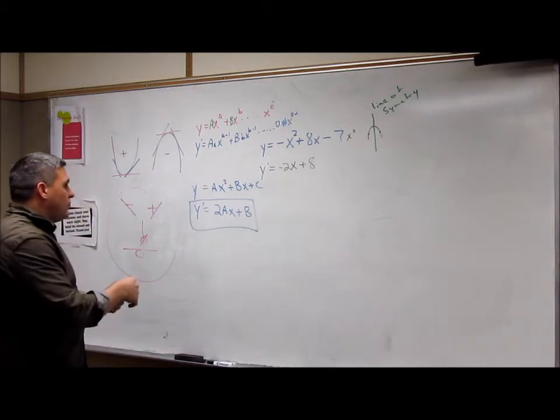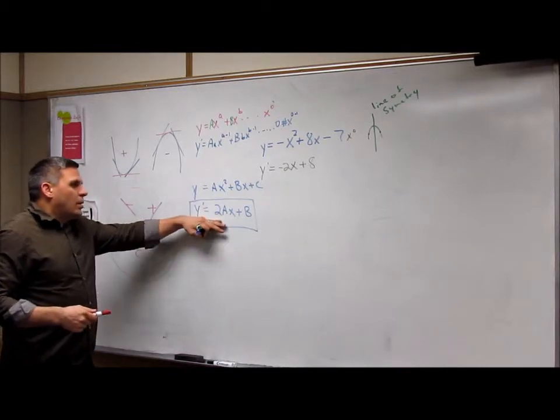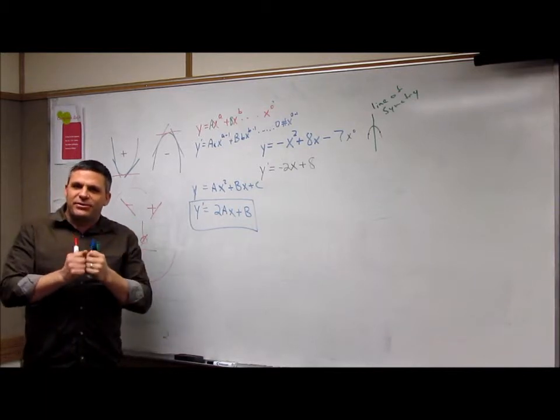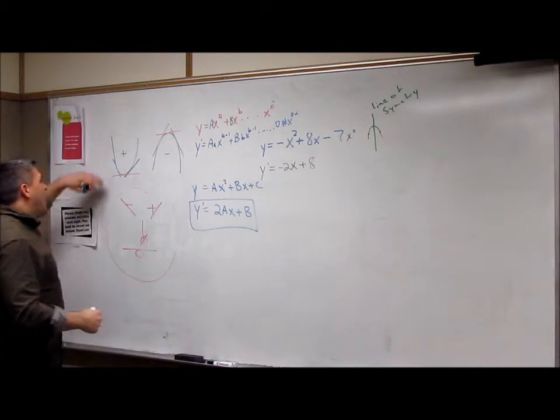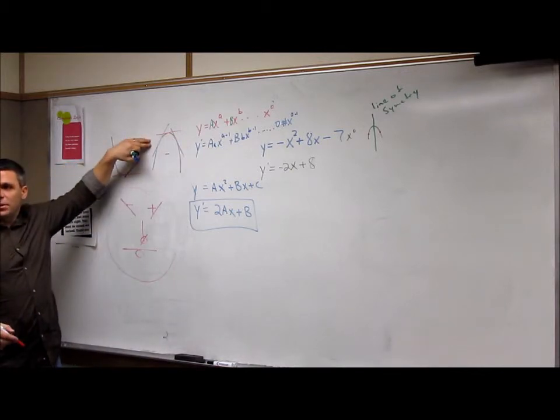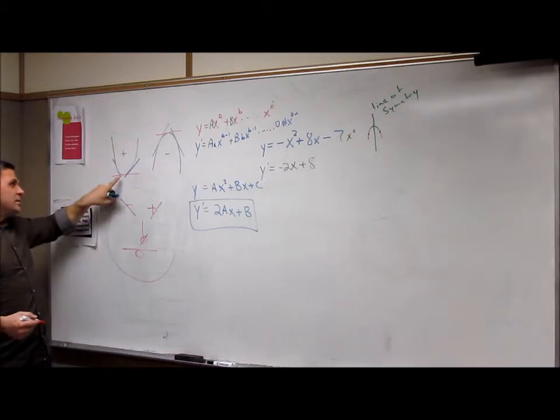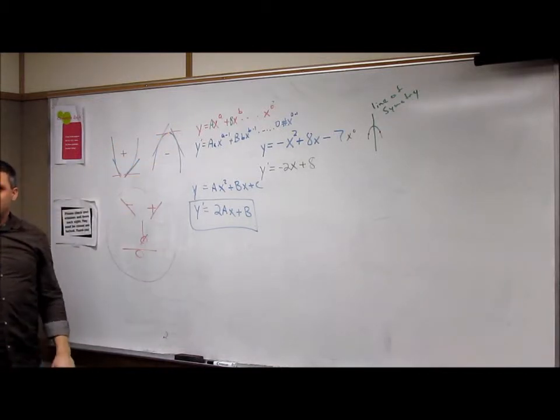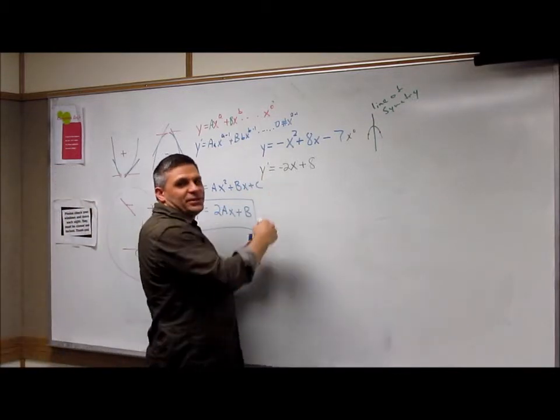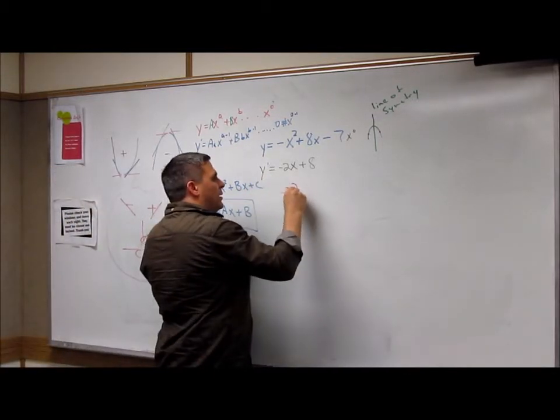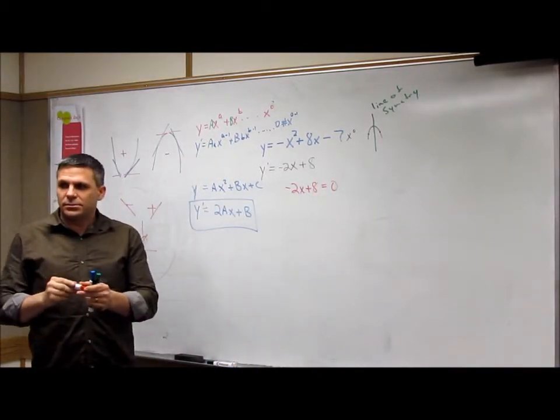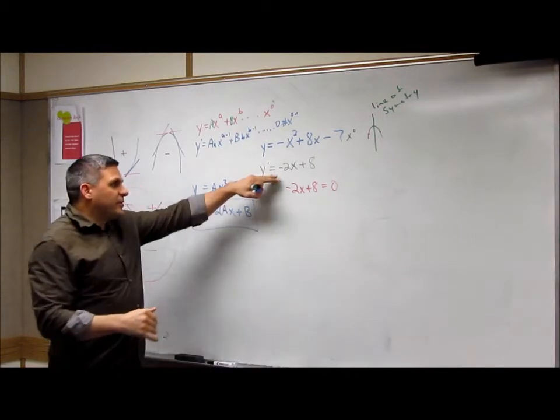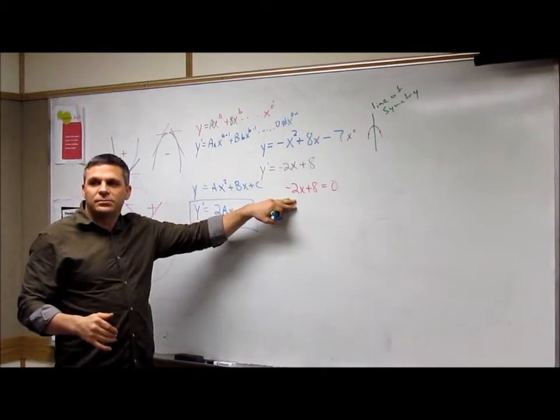In essence, the first derivative is the slope. So if I want to know a positive slope or a negative slope, I can find that out. But what slope am I really concerned with? Zero slope. So that's why I take this first derivative and I set it equal to 0. That's it. You take your first derivative, set it equal to 0, solve.